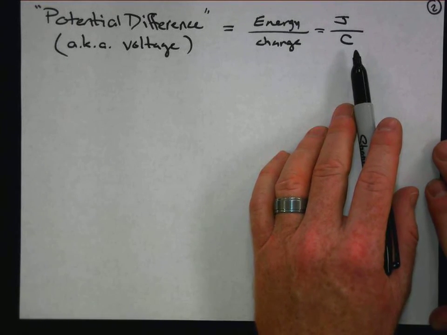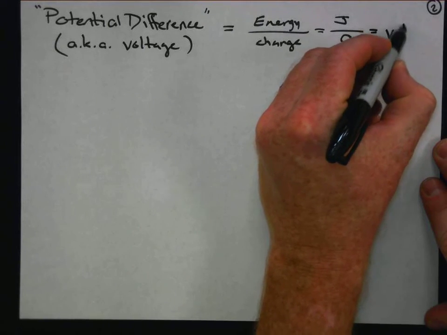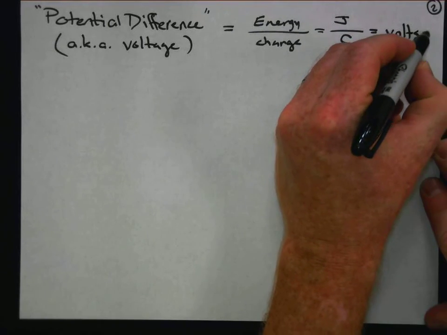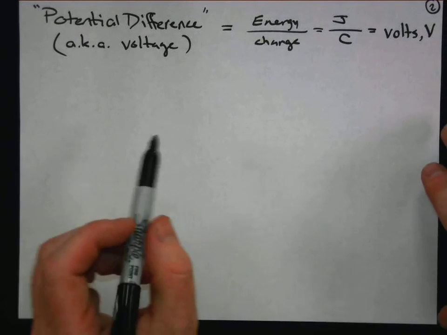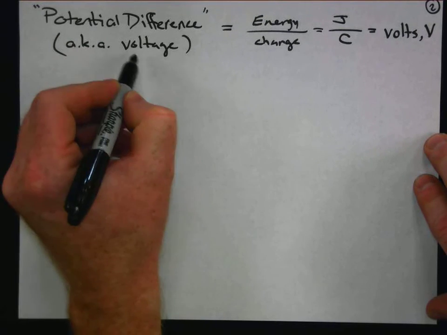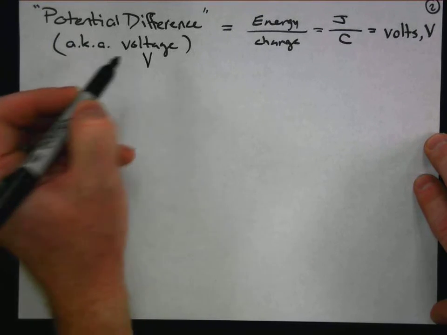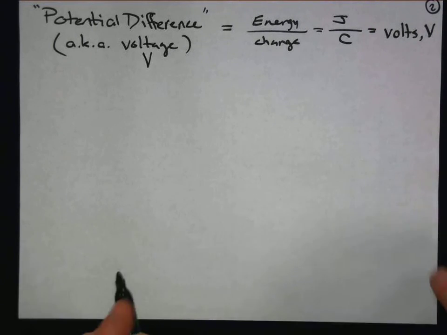We usually don't say that. We usually instead just talk about volts. Capital V for volts. Now the silly thing is, you also have a capital V for the symbol for voltage. It's just the way it is. Okay, so V for volts or voltage.